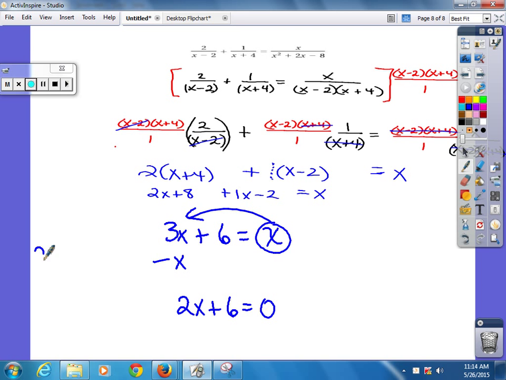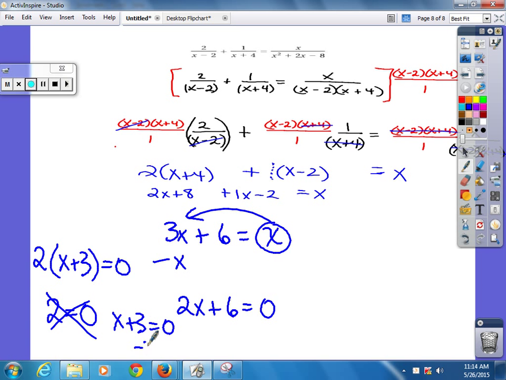Factor: 2 is equal to 0, untrue statement. x plus 3 is equal to 0. Negative 3 is a possible answer. Look up here. Can you put negative 3 back in? Yes. So negative 3 is your answer.